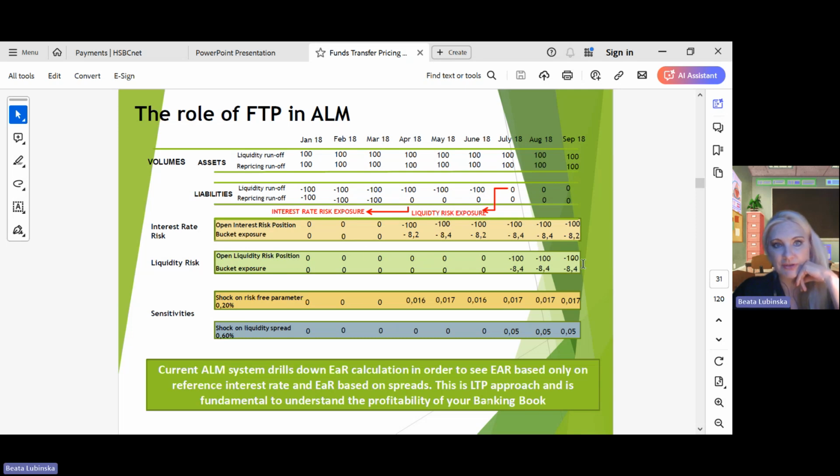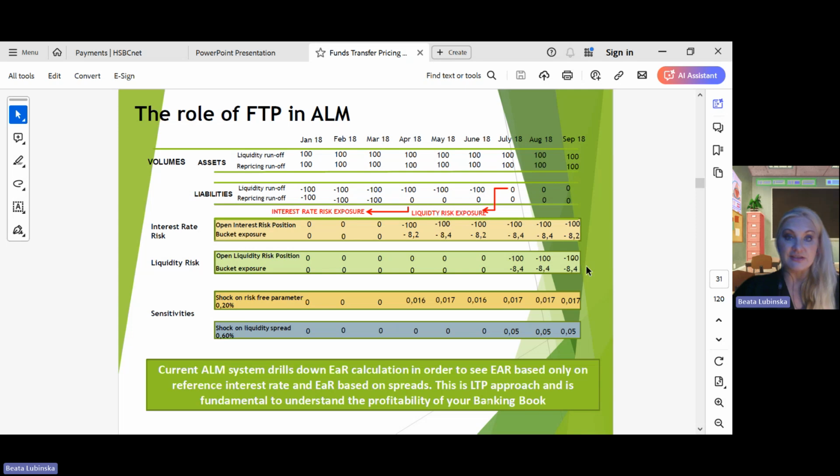The liquidity component is slightly squeezed to the right, because of course it is happening later, and this exposure is happening a bit later and for the shorter period, because the liability is maturing a bit earlier than the asset.